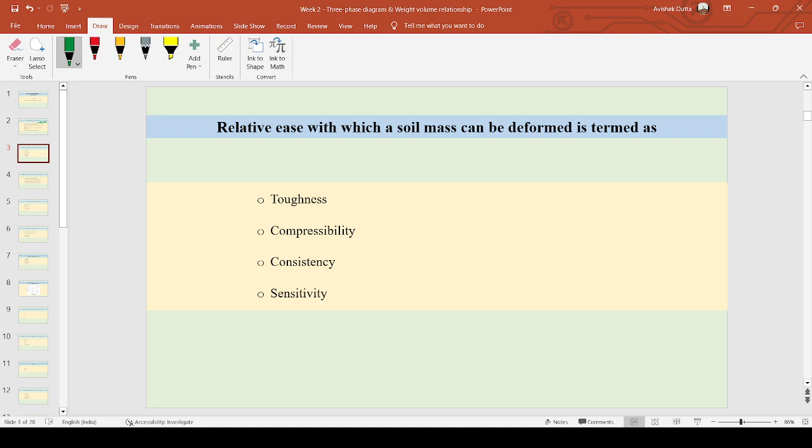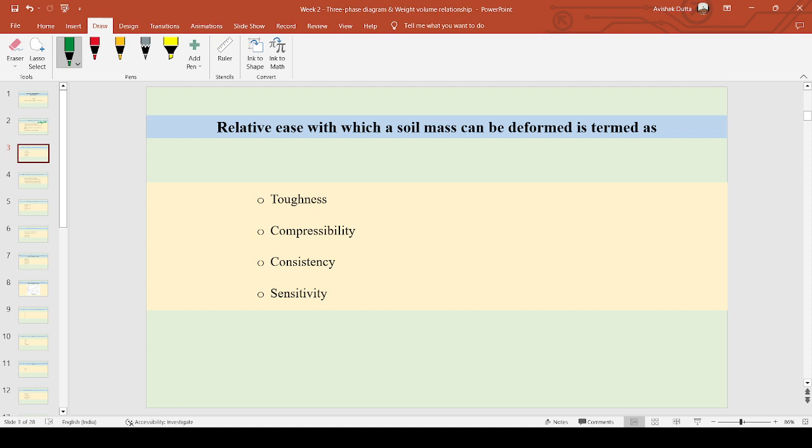So in general, I can explain. What is toughness? It's a resistance property of a soil to deform. Yes, it is resistance to deformation. Any resistive action against the deformation or the deformative force in the soil is called toughness.